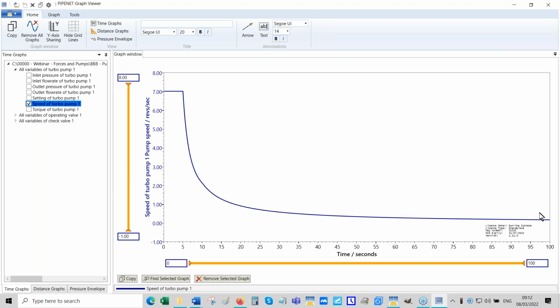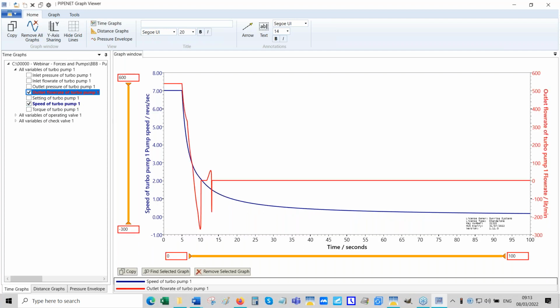Yeah, it's getting towards zero, but there's no reverse rotation. But look at the flow rate. See, there is reversed flow here, I believe.